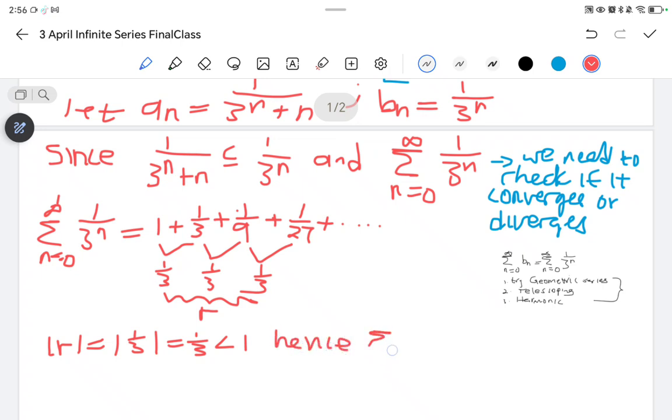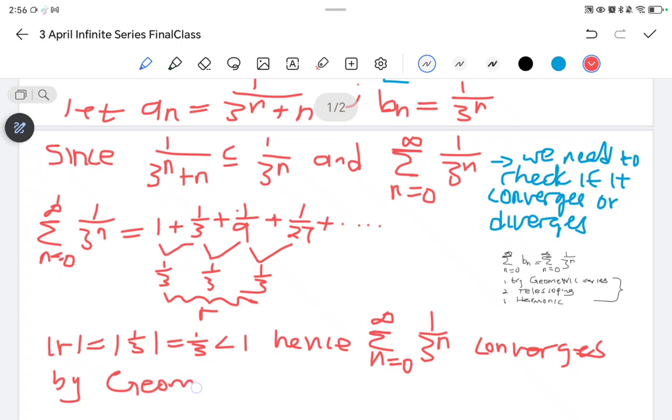Hence, the summation of n equals to 0 of 1 over 3 to the n converges by geometric series.